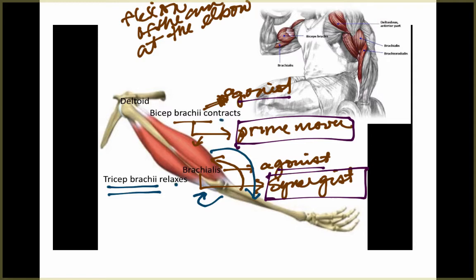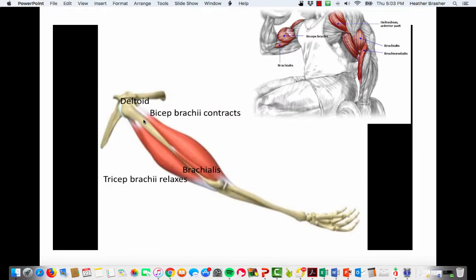Here it relaxes to allow for that function of flexion. But when we want extension to happen, that's the triceps brachii that's going to cause that. So with that being said, that makes this the antagonist. Okay? And so that gives you two examples of those.